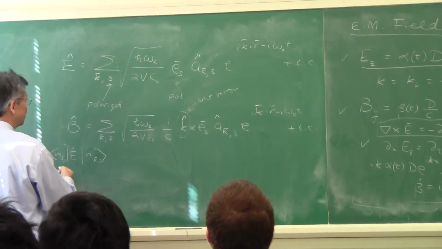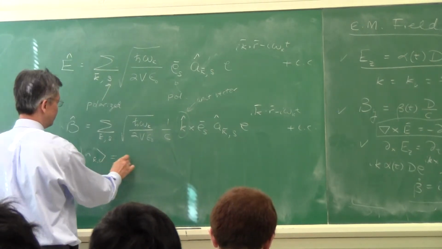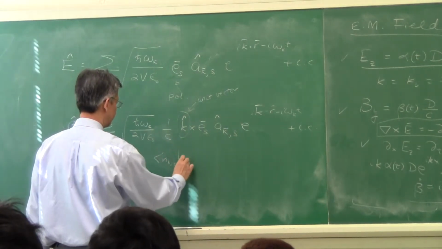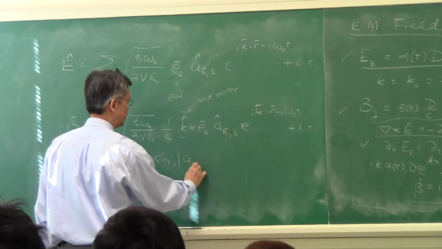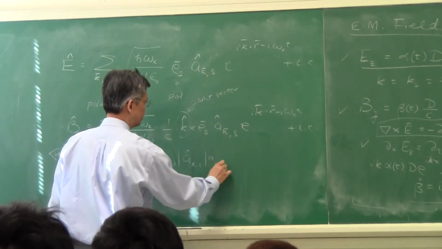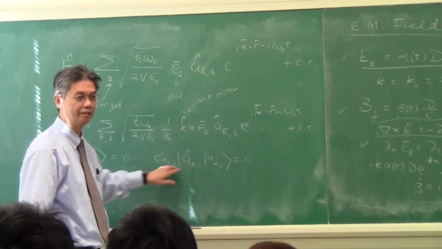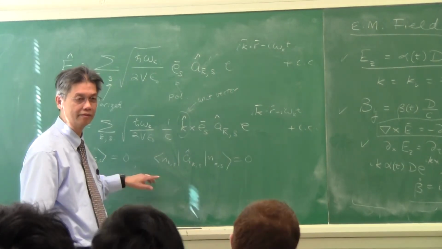Okay, this always becomes 0, because the expectation of a_{k,s} in n_{k,s} is always equal to 0. Because this will lower the number by 1, and when you take the inner product between them, they're always 0.